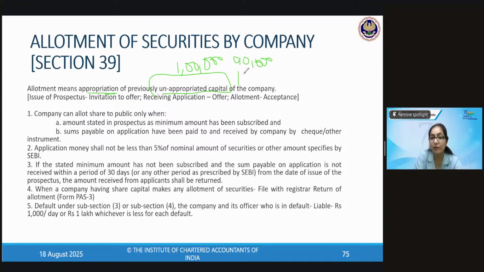How much balance is left? 10,000 shares. So this is my unappropriated capital, which is still left to be allotted. So the whole amount of 1 lakh has to be allotted, that is, what was previously unappropriated has to be divided and given to the public. Number one, the company will allot shares to the public only when the minimum subscription has been received.